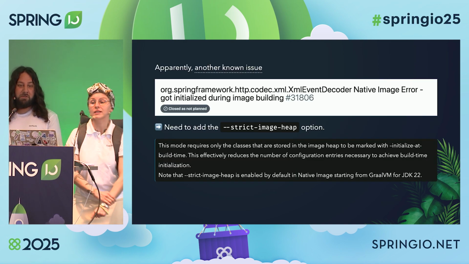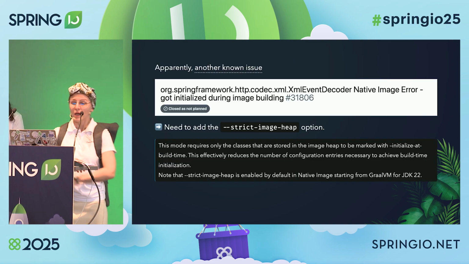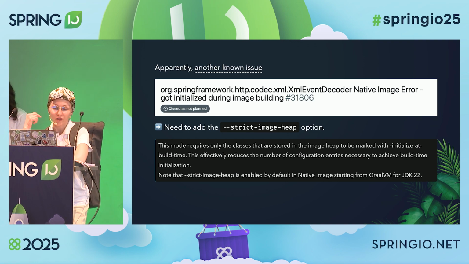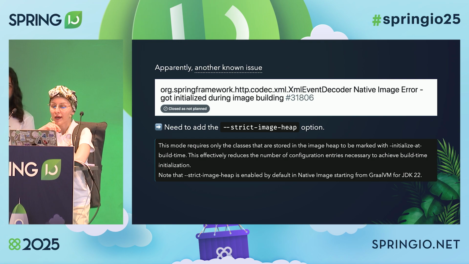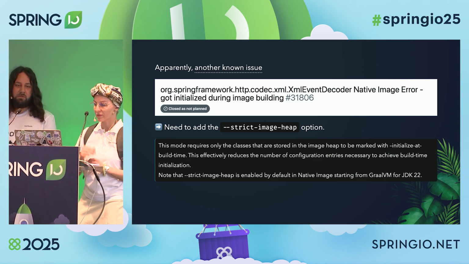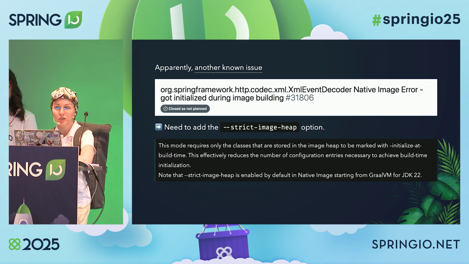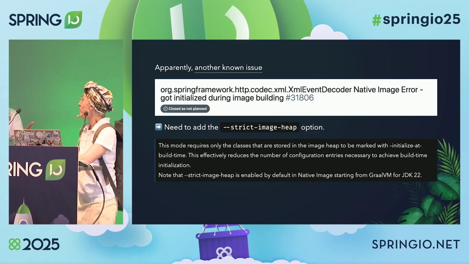Right, well, apparently that's another known issue. And this XML event decoder was really hard to kill. We need to add the strict image heap option. Actually, it is enabled by default in native image starting from GraalVM for JDK 22. Sorry, I will interrupt you.